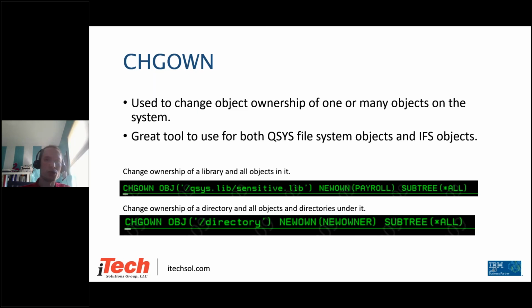And if you want to change the ownership of a directory and all objects and directories under it, then the example is doing / directory, specifying the new owner and saying subtree all.